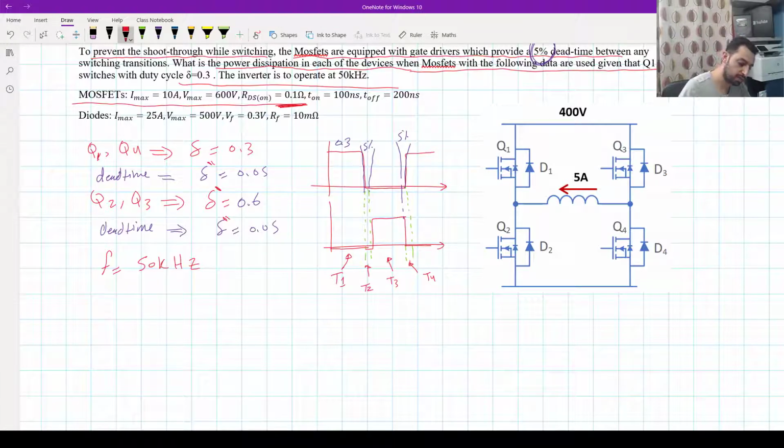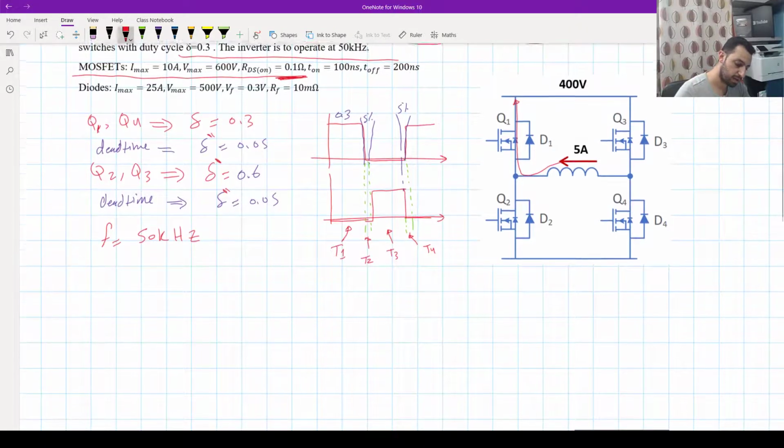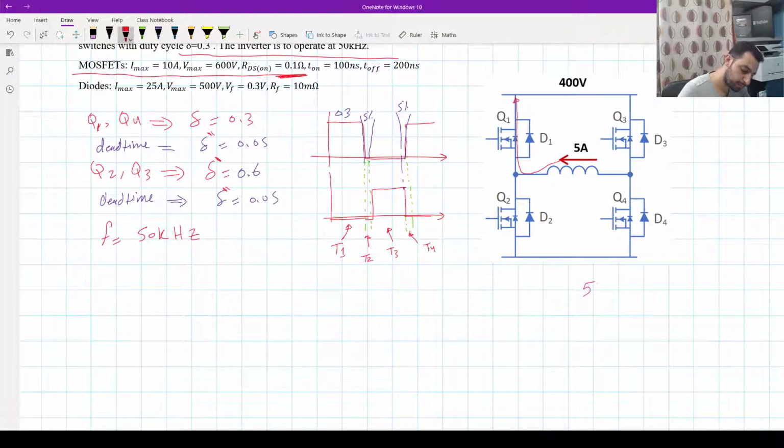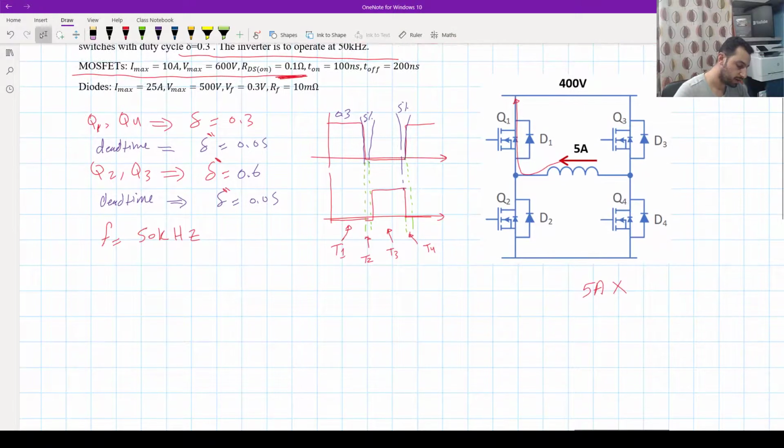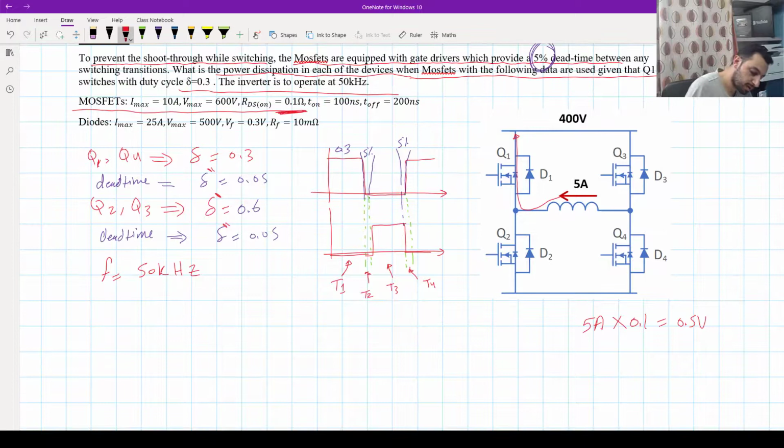So for example, if there is a current of 5 amps going through Q1, and I multiply it by the RDS on of 0.1 once I switch on Q1, that will give us 0.5 volt across my MOSFET, and it will be across my diode.